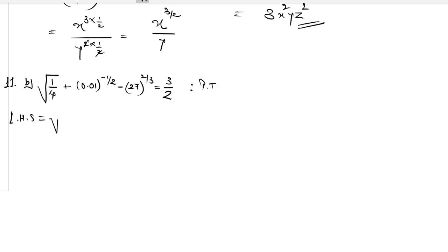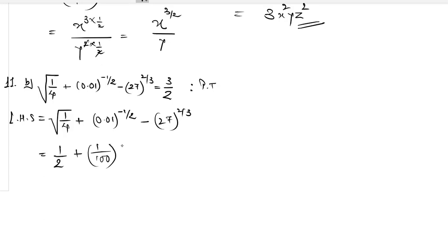Root 1 by 4 plus 0.01 raised to minus 1 by 2 minus 27 raised to 2 by 3. Root 1 by 4 is 1 by 2 plus 0.01 is nothing but 1 by 100, the whole raised to minus 1 by 2 minus 27 is 3 cube, the whole raised to 2 by 3.